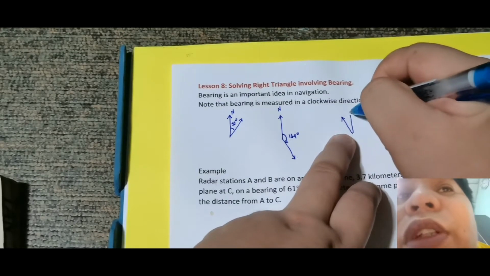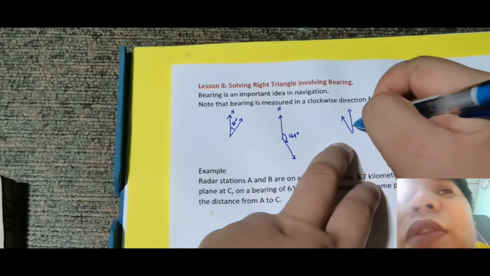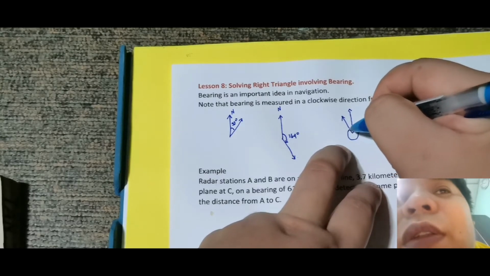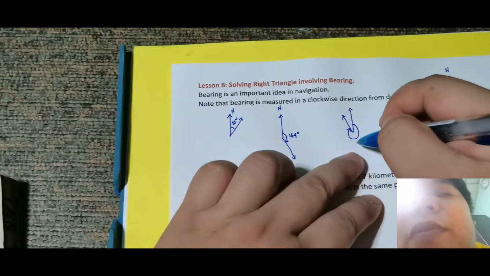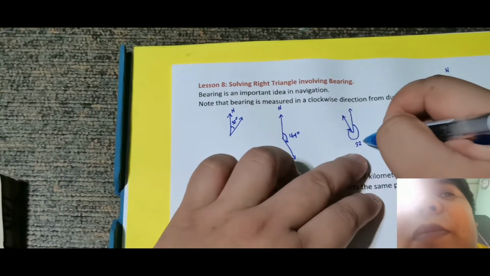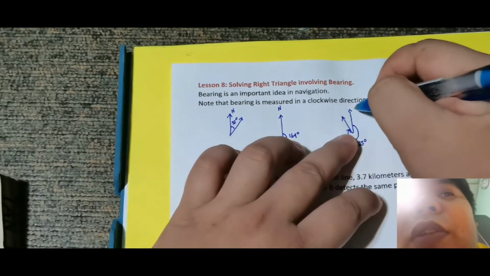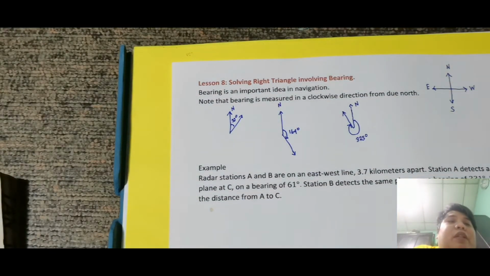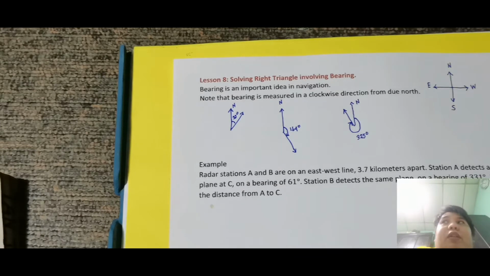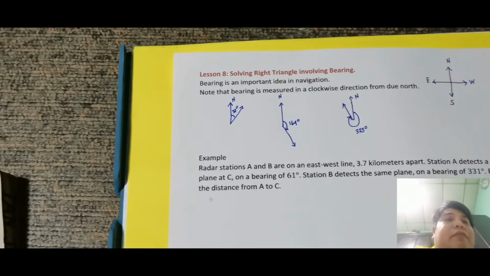Ito pa rin yung north, umikot siya ng ganyan. Assuming that is 300 something, so 325 degrees. Mas maganda lagi mong i-label din dito yung north, south, east, west para mas maganda.